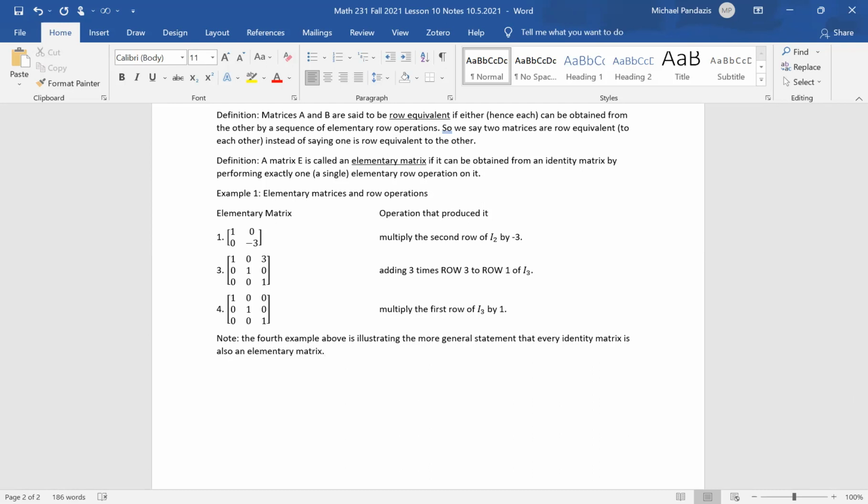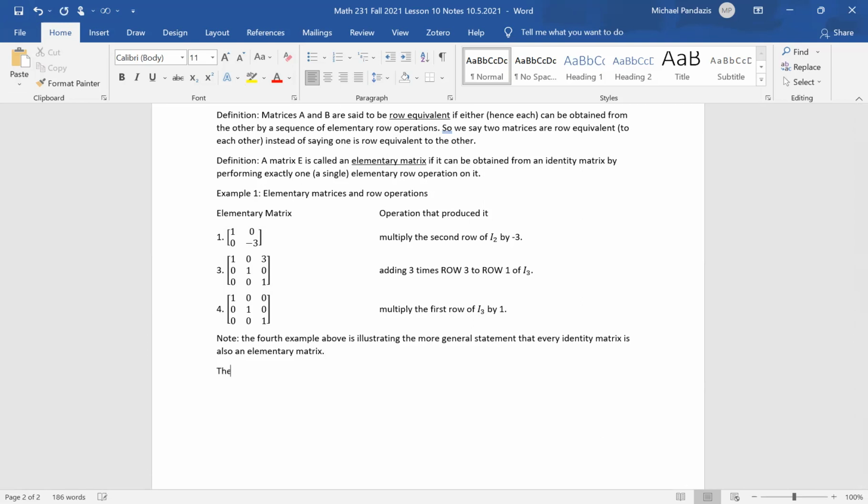If you take any identity matrix and multiply the first row by 1, you get that same identity matrix. So every identity matrix can be attained from itself by multiplying the first row by 1. And if you switch 2 rows, you also have a resulting matrix which is an elementary matrix. So that's another example.